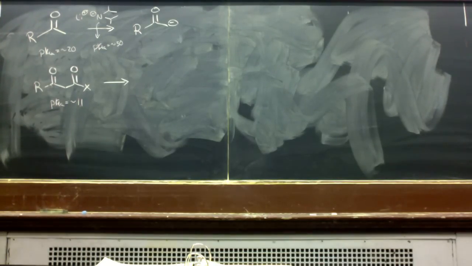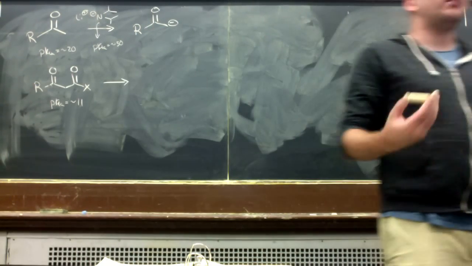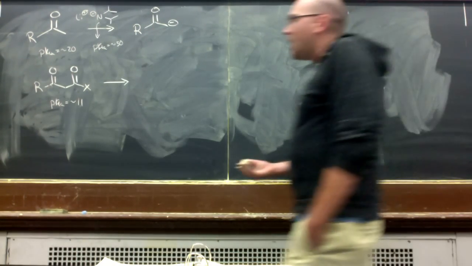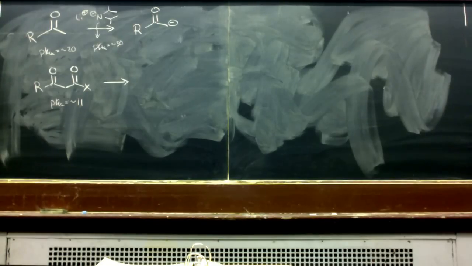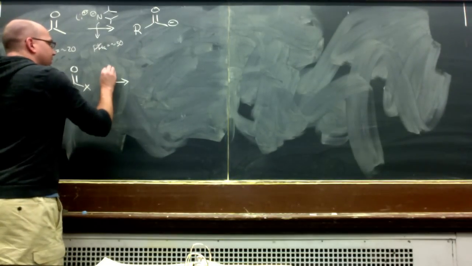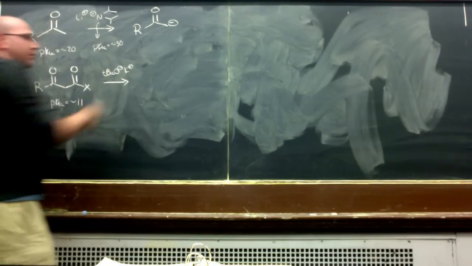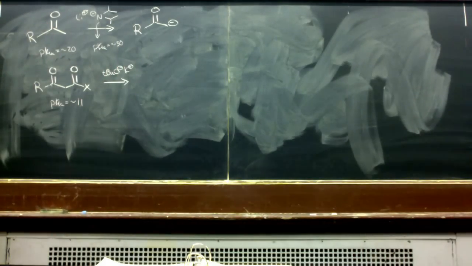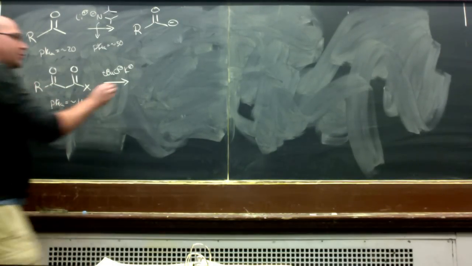At this point, you can start to get to slightly weaker bases, so you don't have to go all the way up to LDA to get this to react. You can use bases like ethoxide, potassium carbonate. Maybe we'll just say one that you guys have seen, potassium t-butoxide will work just fine. Again, the pKa of potassium t-butoxide is 17, right? So you can get away with weaker bases in this case to deprotonate this.